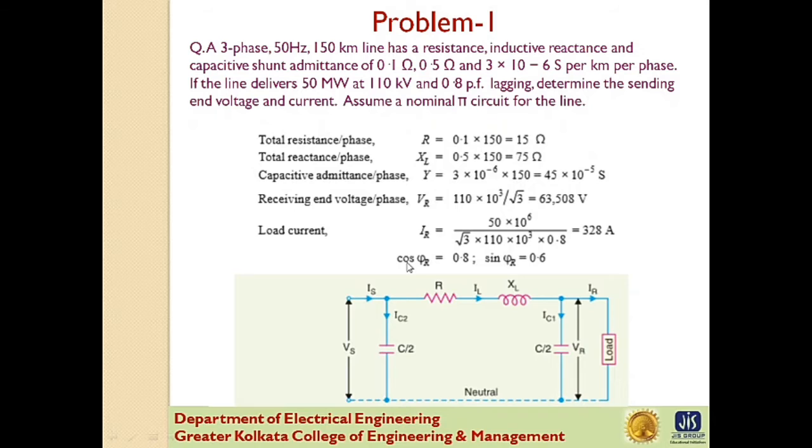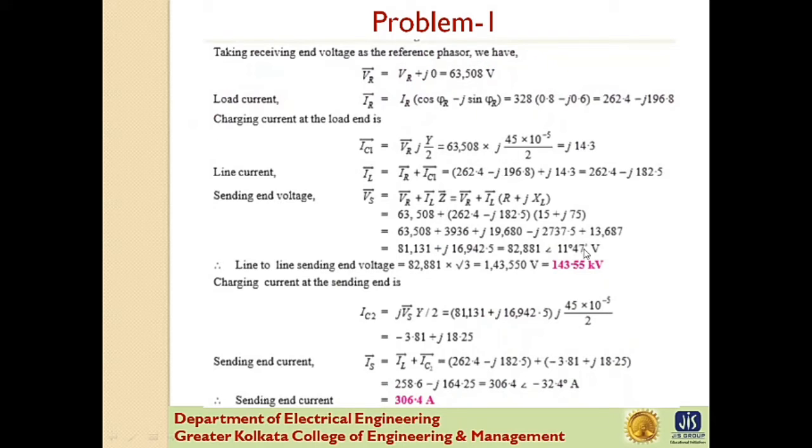Now cos phi r is 0.8, so by the formula cos square theta plus sin square theta equals 1, we can easily calculate the value of sin phi r, which is equal to 0.6.